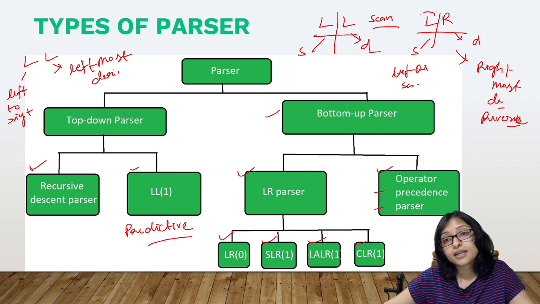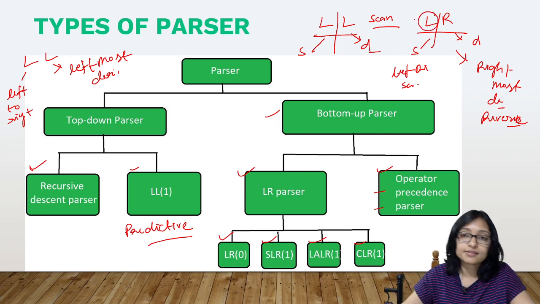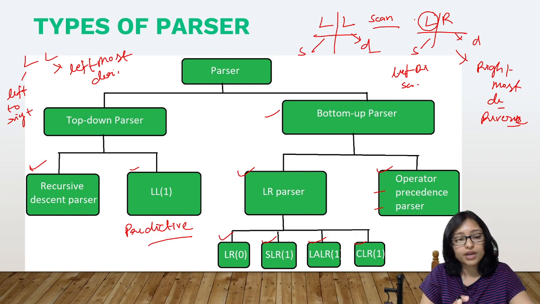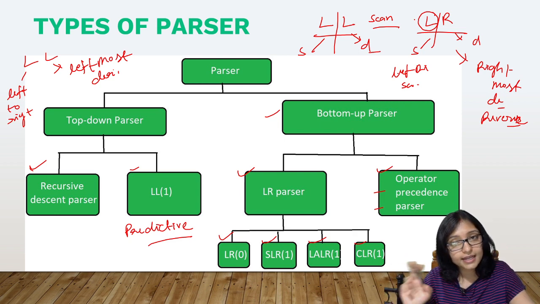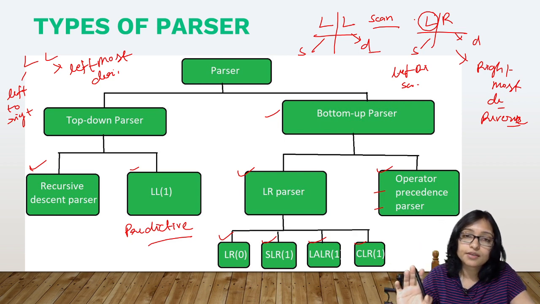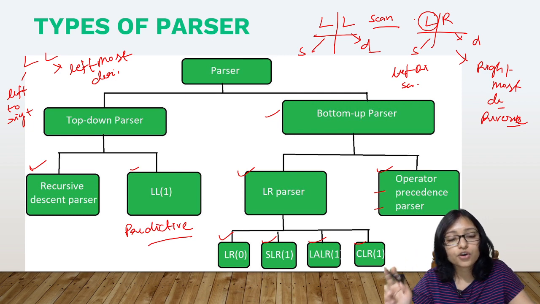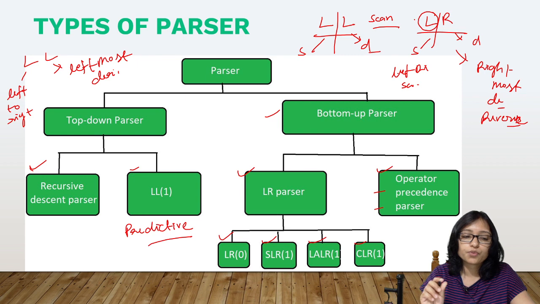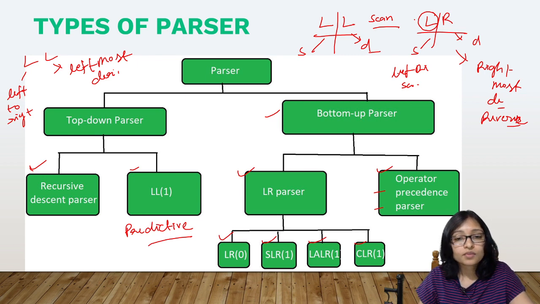Somewhere students are getting confused; they are thinking L means something different. Both are left to right scanning. For both it is left to right, and for R it is rightmost, and for the other it is leftmost. I hope this is clear, right?